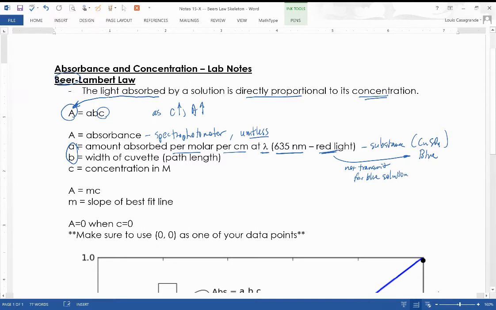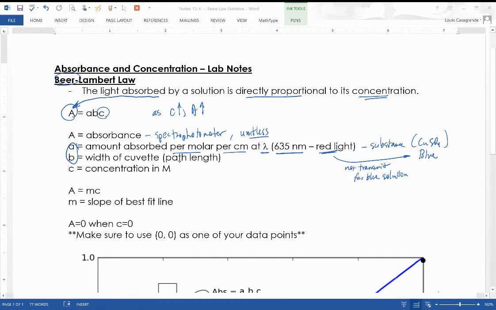And it's important that when you write the data tables and your graph for this, that you specify what wavelength, 635 nanometers. Otherwise, it doesn't give a complete picture of what the reaction is. So this A factor just depends on the substance and the wavelength.